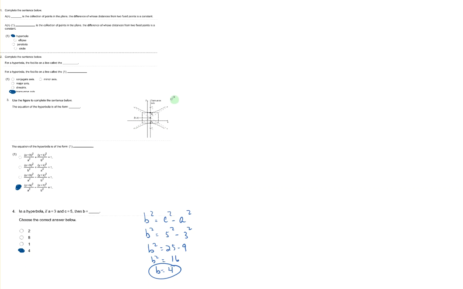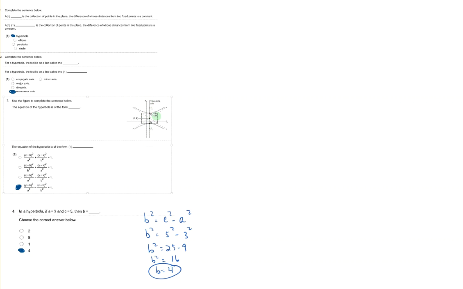So we're looking over here. Let me see if I can make that a little bigger for us right this moment. So this is the transverse axis. It is parallel to the y. So we know y squared is going to be on the top of the left, the first one. But what we should notice is we're not on the axis.